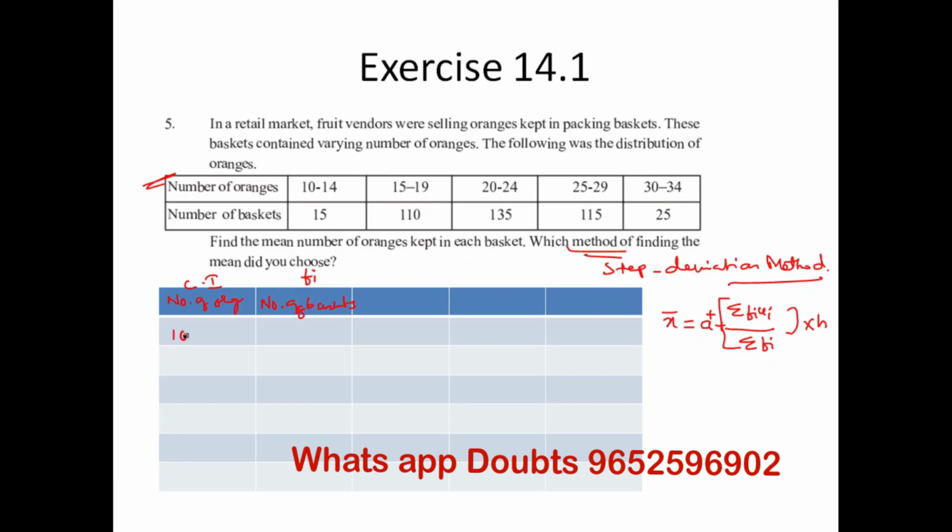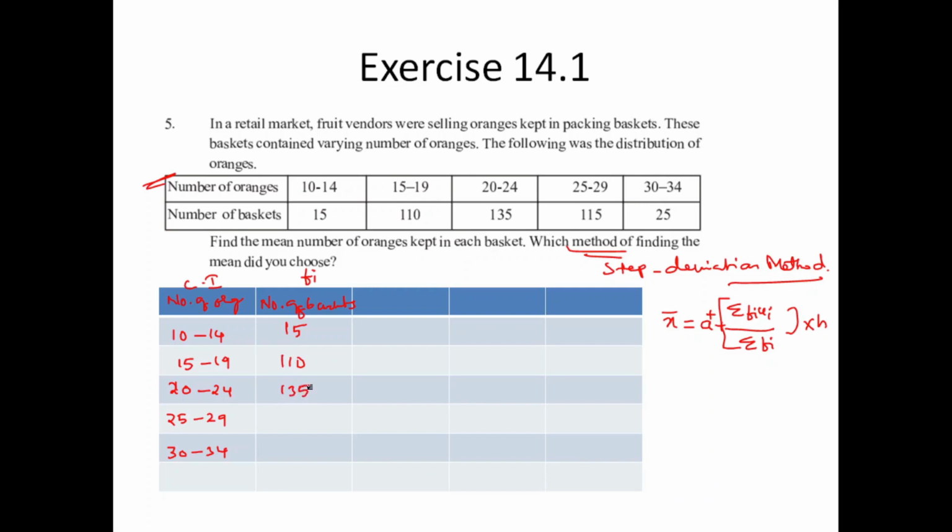So here we have 10 to 14, 15 to 19, 20 to 24, 25 to 29, and 30 to 34. And these values are your frequencies: 15, 110, 135, 115, again 25, and then 15 and again 25.